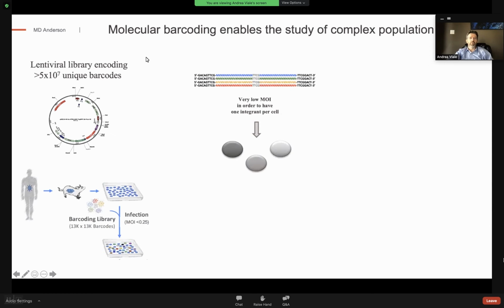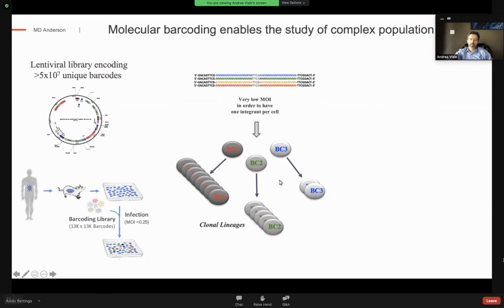What is molecular barcoding? Molecular barcoding is a tool that enables us to study complex population dynamics in vitro or in vivo. Barcodes are short stretches of DNA that we can insert in tumor cells or other cells, and these barcodes are inherited by the progeny of the cells when the cells divide.